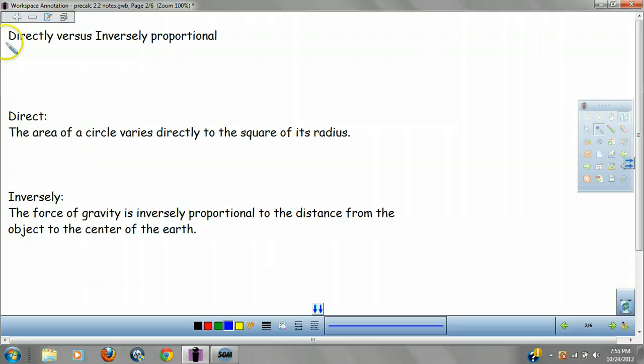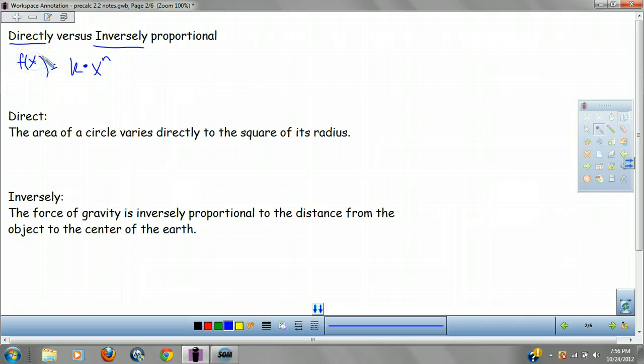Okay. Before we get going, I want to talk about direct versus inverse proportionality. You're going to be reading a story problem and you're going to say, Ms. Twilliger, I don't know how to set up this problem. So let's take a look at what direct means. Direct is that your f of x equals your constant times x to some power.